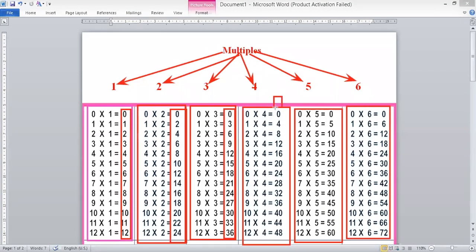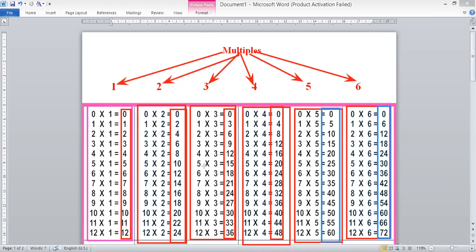These numbers are multiple of 4. These numbers are multiple of 5, and these numbers are multiple of 6. In this way, you can find the multiples of 7, 8, 9, 10, and remaining ones.